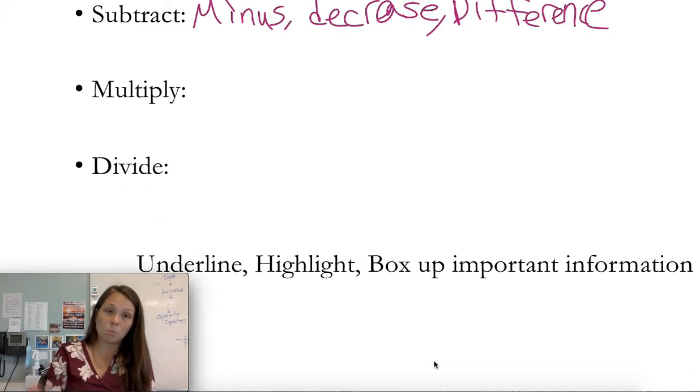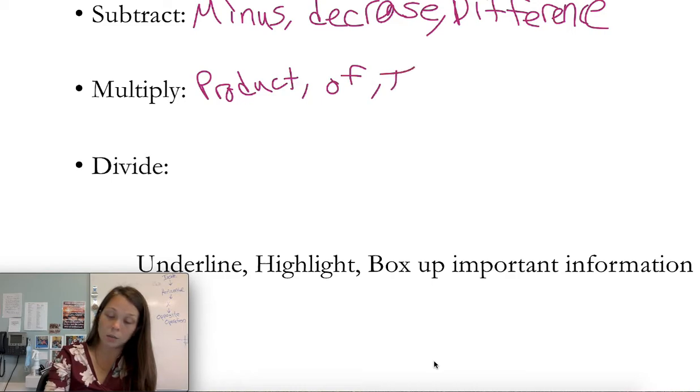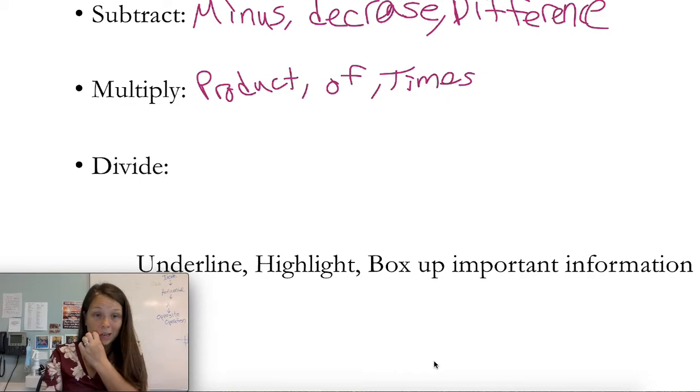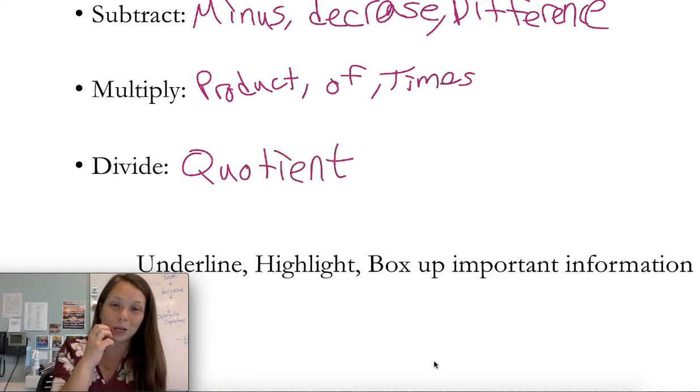Things that mean multiply are something like product of or times. And words that mean to divide are words like quotient.